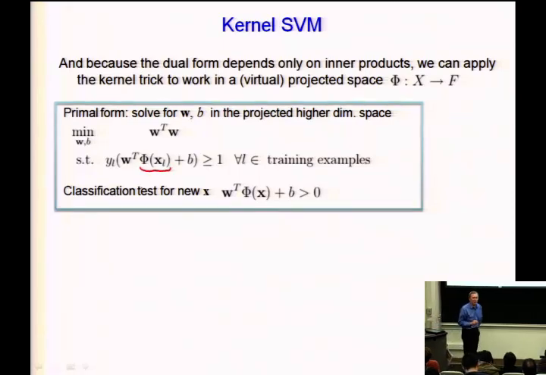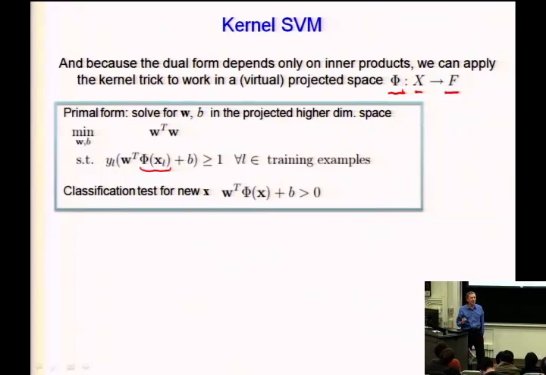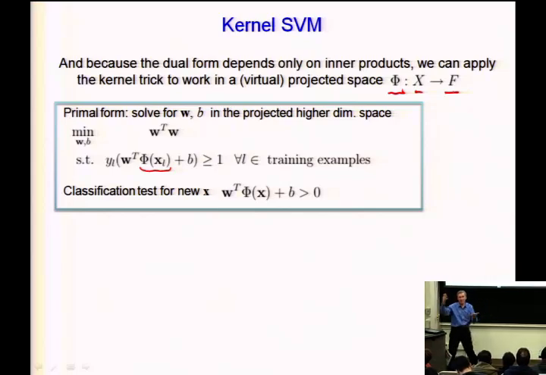Our primal version, which used to say multiply wx plus b, now I'm going to introduce some function phi that projects my original data into some higher dimensional feature space. That might be like the quadratic projection that we talked about when we discussed kernel linear regression.